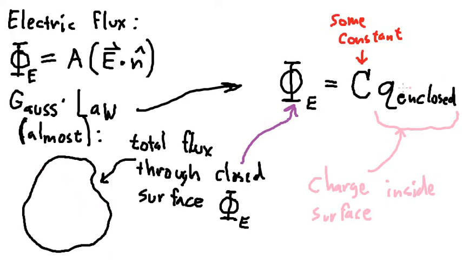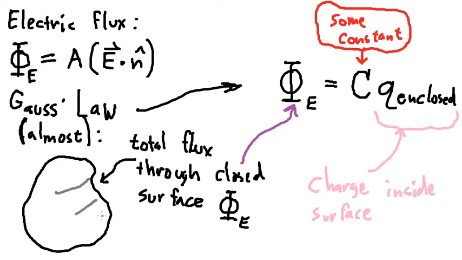So the idea is you wrap a surface around a bunch of charge, take the flux through the entire surface, all around, the whole surface wrapped all the way around the thing, front, back, top, left, bottom, right, all of it. Take the total flux, and that will be proportional somehow, by some constant that is the same everywhere for all things, to the enclosed charge. So, what is that constant C?